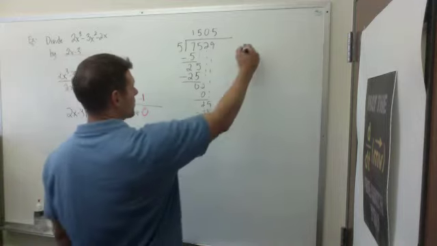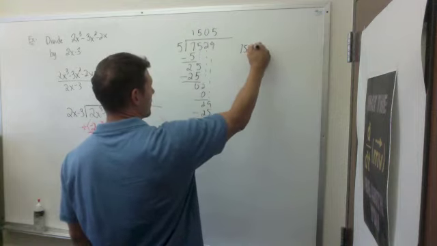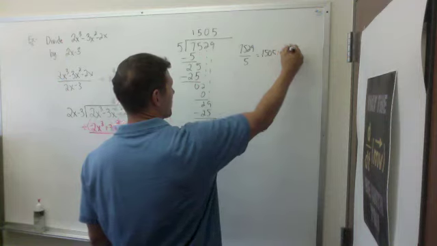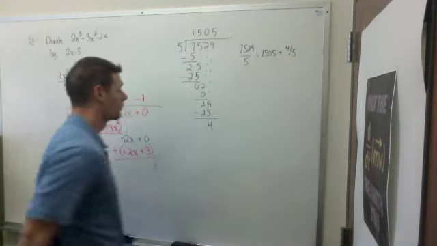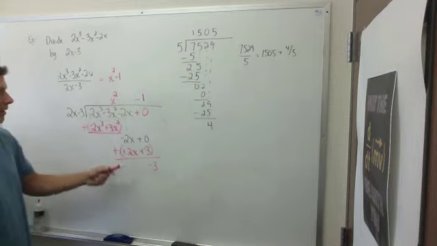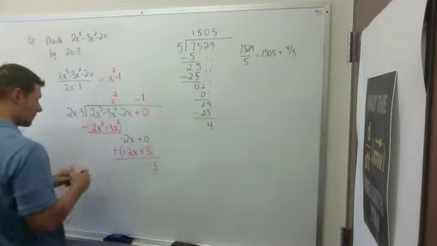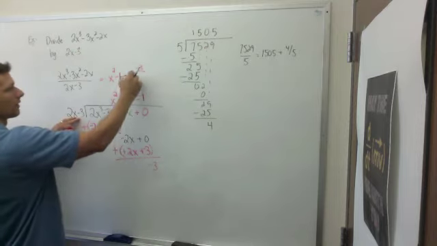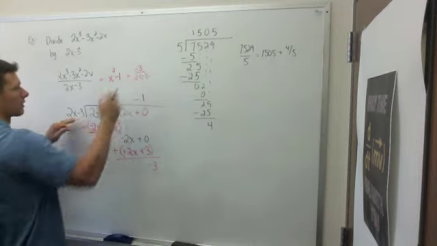Done. So the answer to this one would have been 1505 plus 4/5. Over here, I get x squared minus 1 plus what's left, negative 3 over my divisor, 2x minus 3.